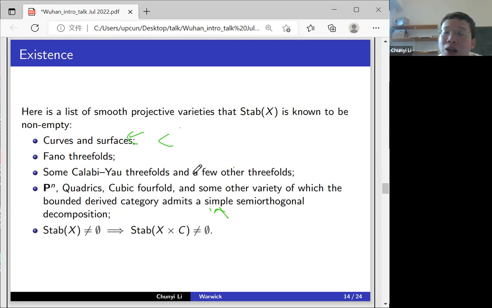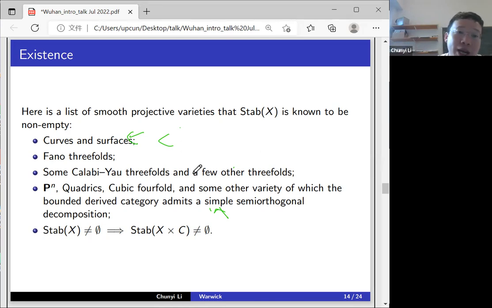You can have quadric fibrations here, whenever the base of the quadric fibration is known to have a stability condition, or you can have a root variety here, whenever the base of that can have a stability condition. Always write down the semi-orthogonal decomposition and build up stability conditions on each piece and glue them together.